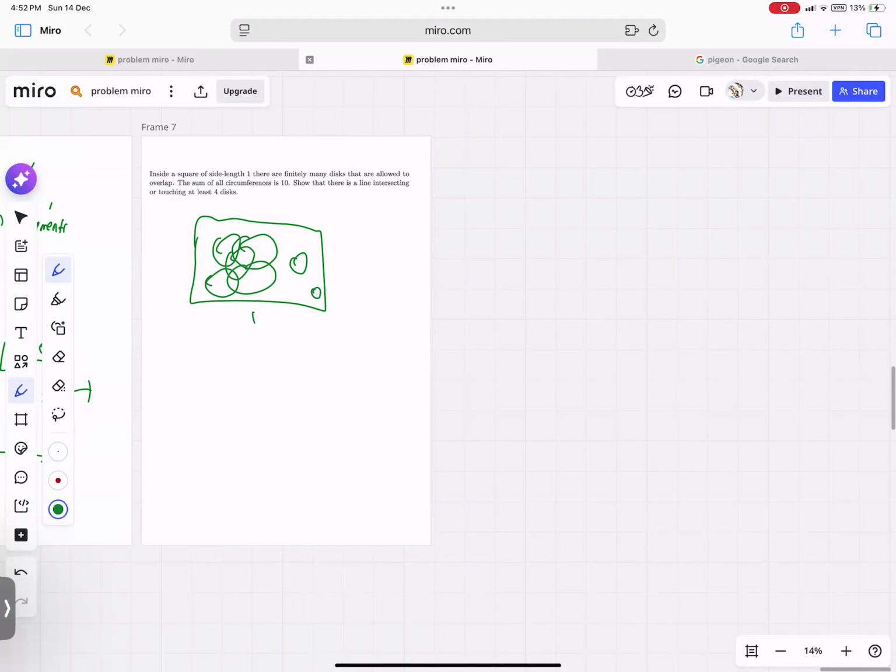The sum of circumferences is exactly 10. And now we want to show that there's some line we can draw which meets at least 4 of the disks. Oh, you have a proof without integration.